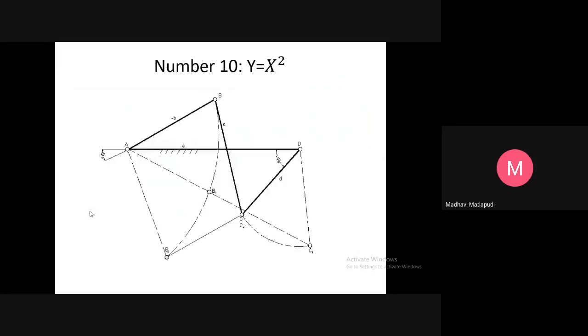Then comes link number 10. This is a special case. This differs from the others in that both the negative and positive branches of the function are generated. This is something typical. You can see one above and the other below. In all the other cases, you can see all the linkages either below the fixed link or above the fixed link.